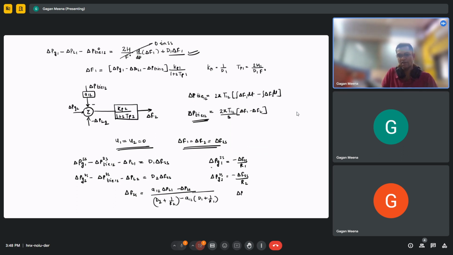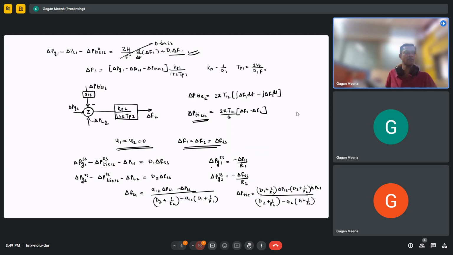Similarly, delta P tie will be equal to (D1 plus 1 by R1) into delta PL2 minus (D2 plus 1 by R2) into delta PL1, divided by the same denominator.